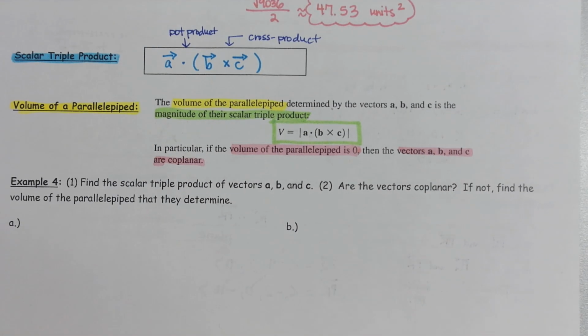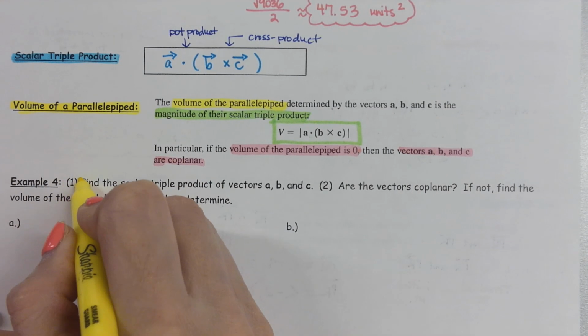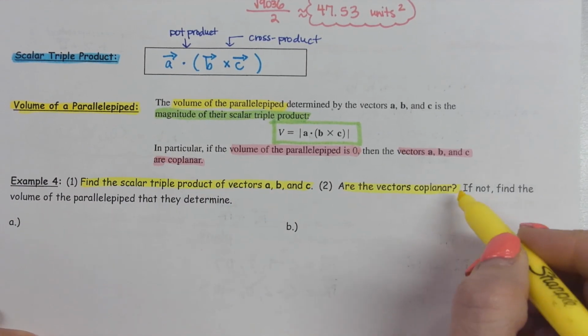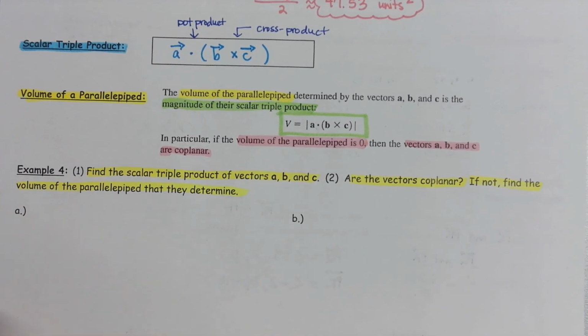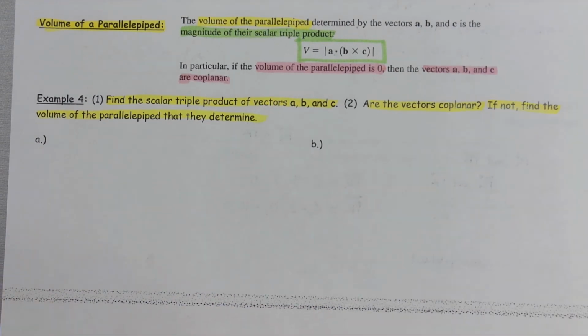In example 4, they ask you to find the scalar triple product, and then we have to figure out if the vectors are coplanar, and if they're not, we're going to find the volume of the parallelepiped that they determine.